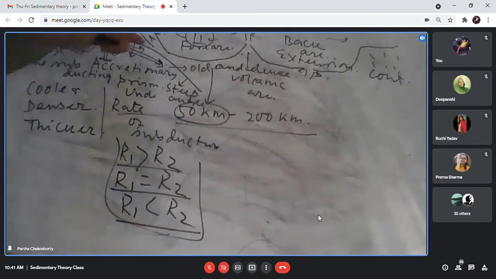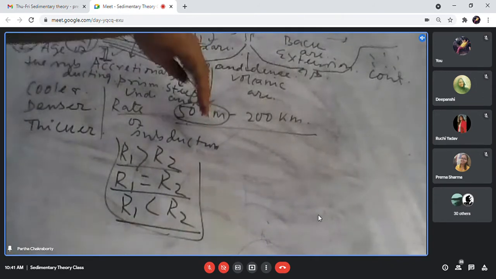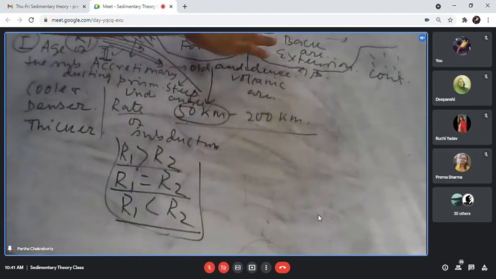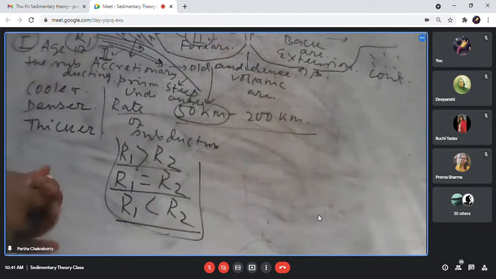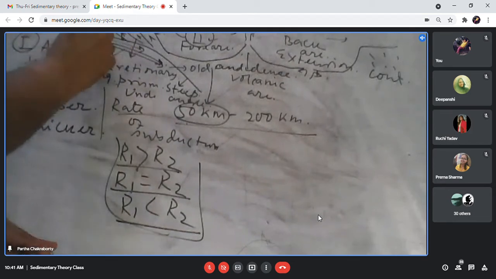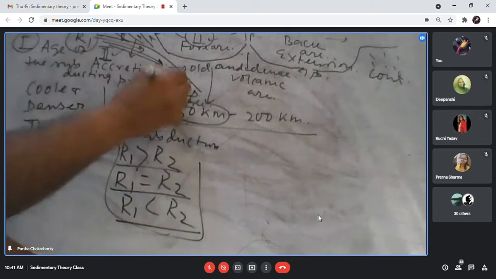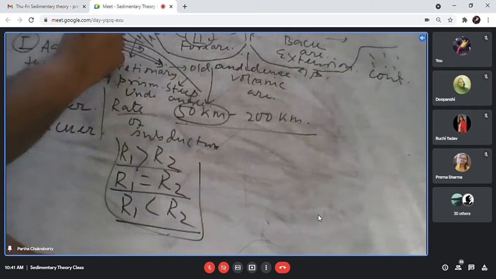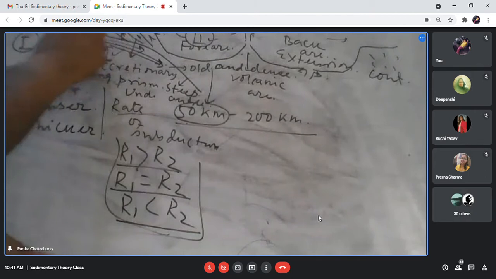So what is trench rollback? You have more subduction and it is not matching. Today, this portion of the trench is here. This is my trench. But if it is subducting at a higher rate, tomorrow this portion will be here, and the day after tomorrow, this portion will be here. So the trench is rolling back.